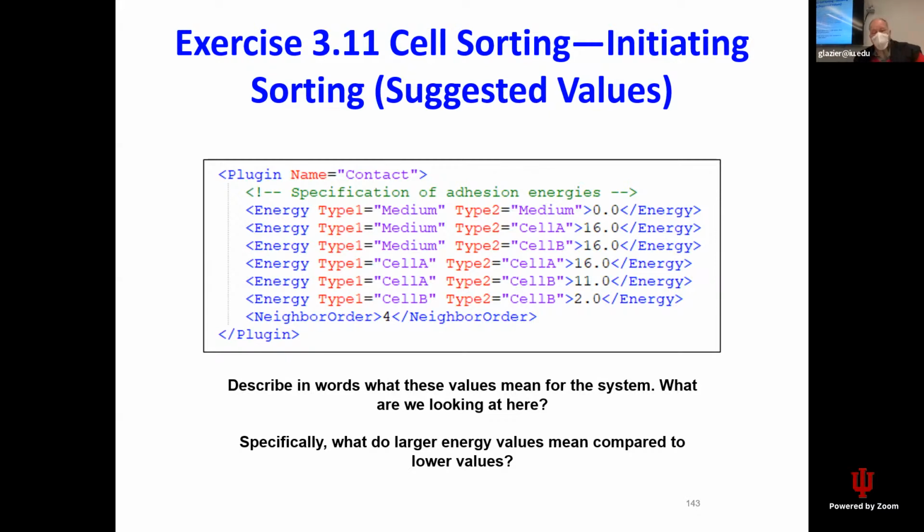And remember that a higher value here means less adhesion. So if BB is 2 and AA is 16, which one do you expect to have in the middle if it sorts? Ask yourself that question before you run it. If cell BB contact energy is 2 and cell AA contact energy is 16, which one sticks more?